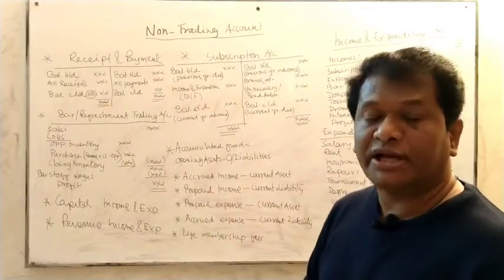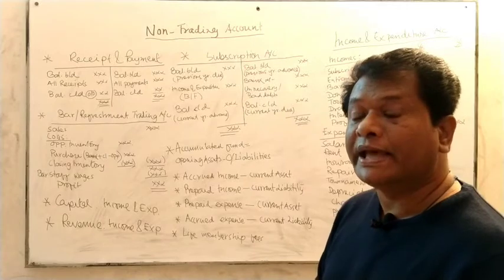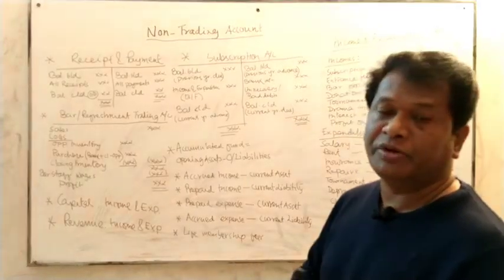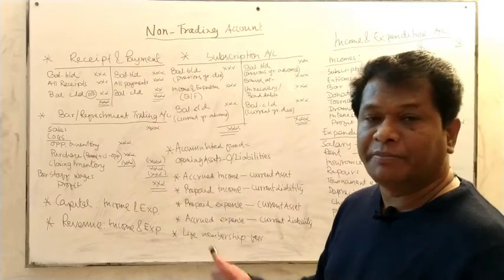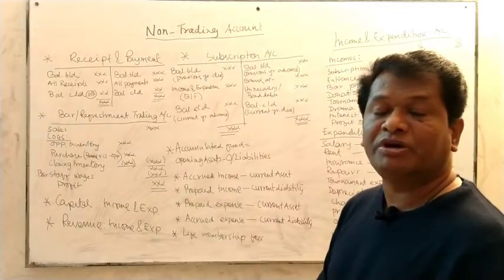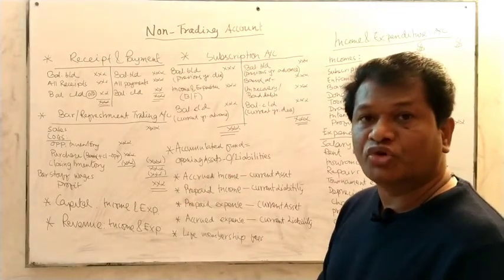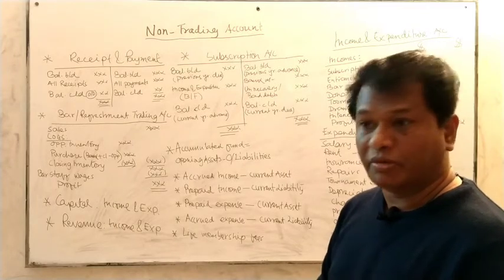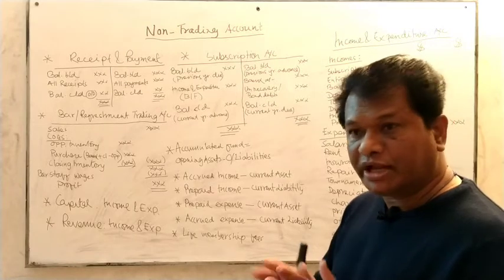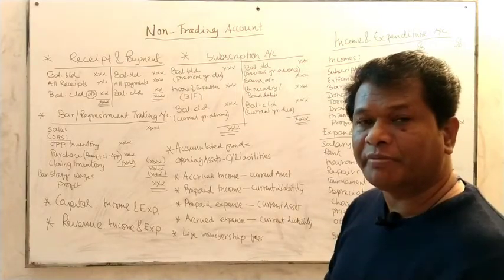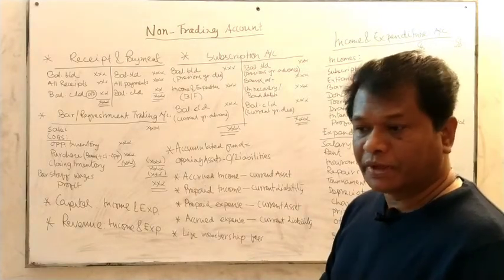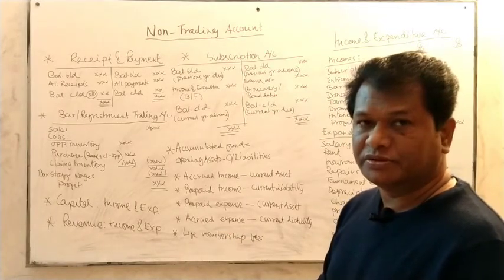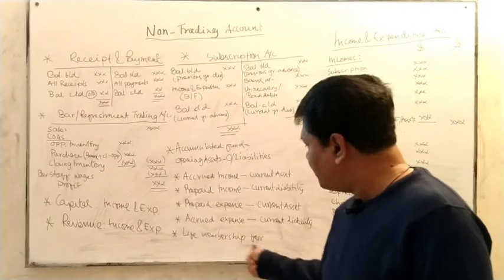Whenever you are going to treat the life membership fees properly, you have to consider the capital income and the revenue income. What is the capital income? Maybe the 10 years life membership money is already received, but this is not a single year's money, but 10 years' money. So here there are two parts, one is the capital income, another is the revenue income. Maybe a 10 year subscription is received as life membership fees.